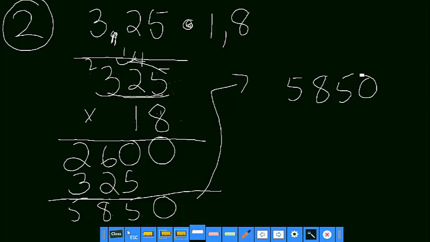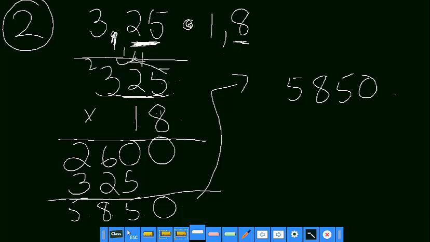Again, we're not going to stop at this point because this is not the final answer. We need to locate the decimal point, or the comma. To determine that, we need to know how many digits are on the left of the decimal point here. That's going to be 2 digits, right? There's 2, and there's 1 here.